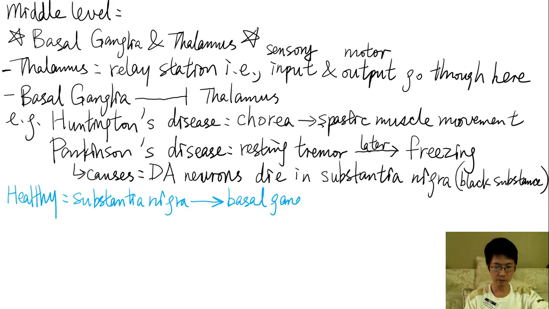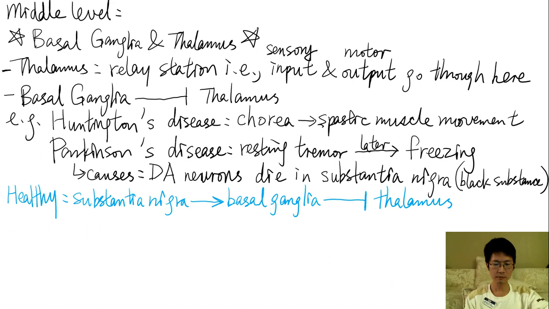What does basal ganglia normally do? Basal ganglia normally inhibit thalamus. Okay, that's the normal circuitry.